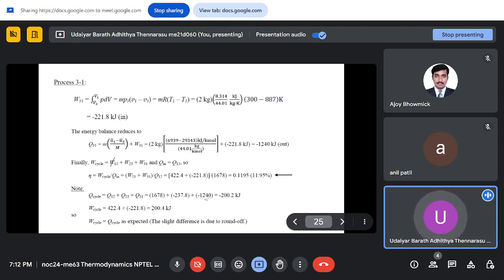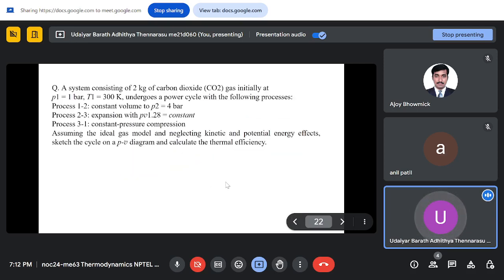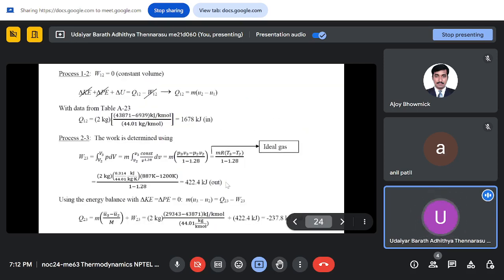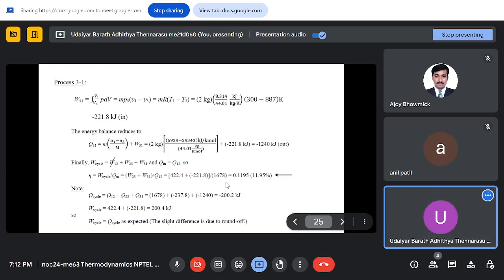The slight change is because you are taking internal energy from the table, so there's a slight change in value because of round-off error. So your efficiency is 11.95%. That's what has been asked in the problem. Okay, any doubts?